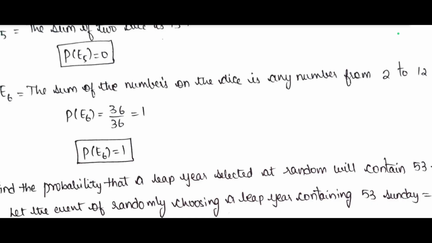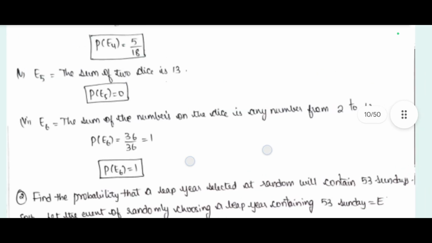So we will get all the numbers. The favorable events in the sample space are 36. 36 divided by 36 is the probability. It is a sure event, that is 1. Like that you have to calculate all the probabilities for the given question.